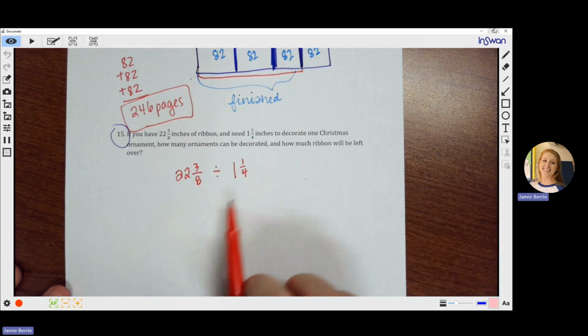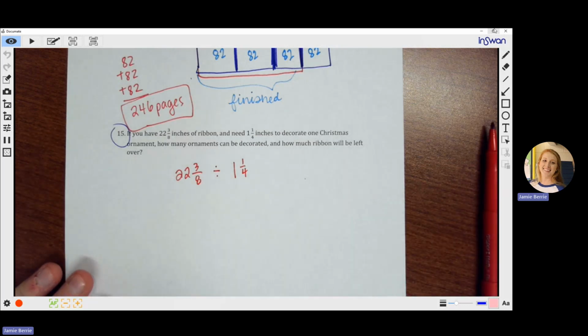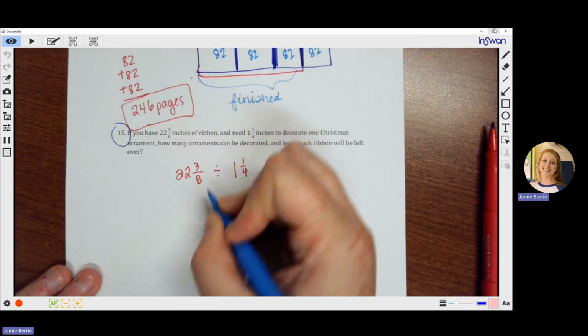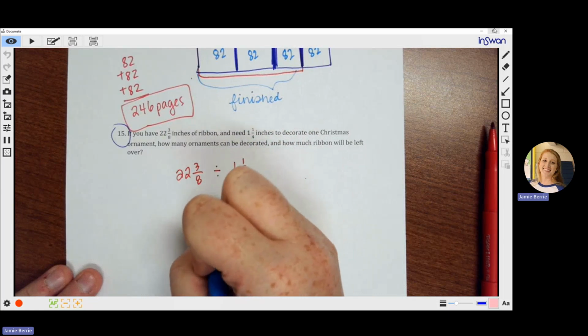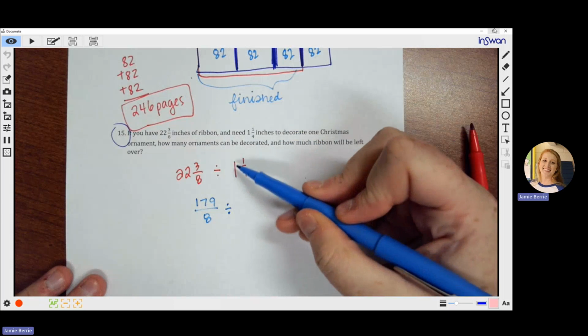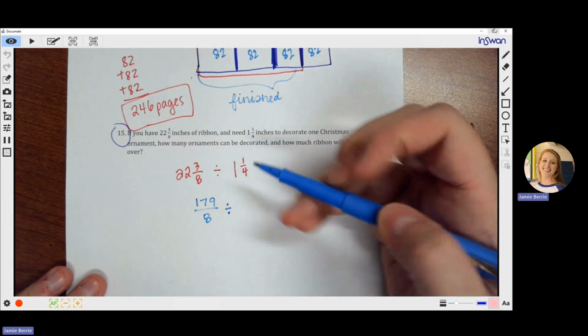All right, so in order for us to divide these, we need to convert them first into improper fractions. So do that first. Starting down here, 8 times 22 is 176, plus 3 is 179, divided by, then convert this into an improper fraction. 4 times 1 is 4, plus 1 is 5.